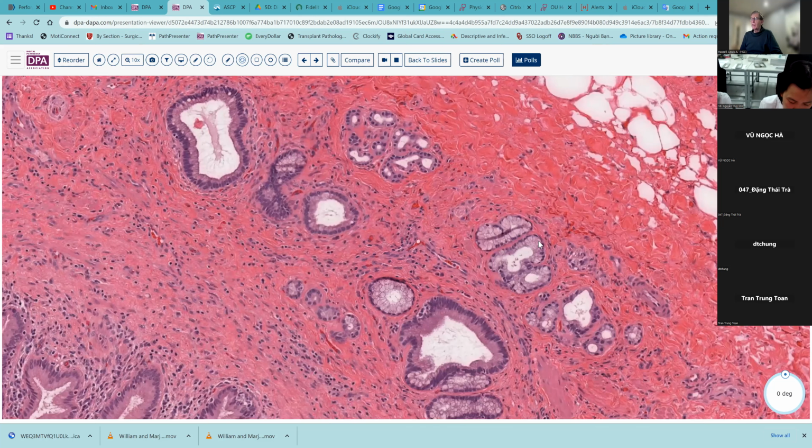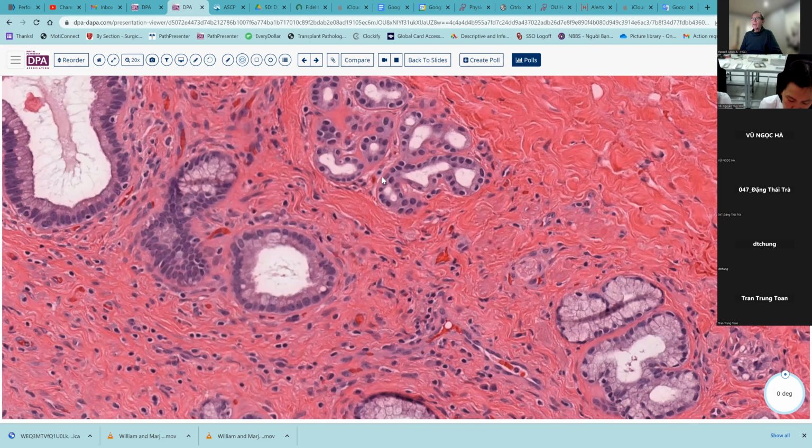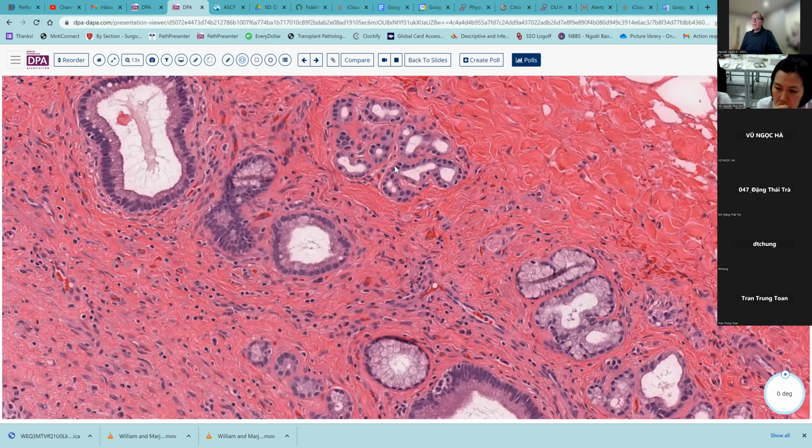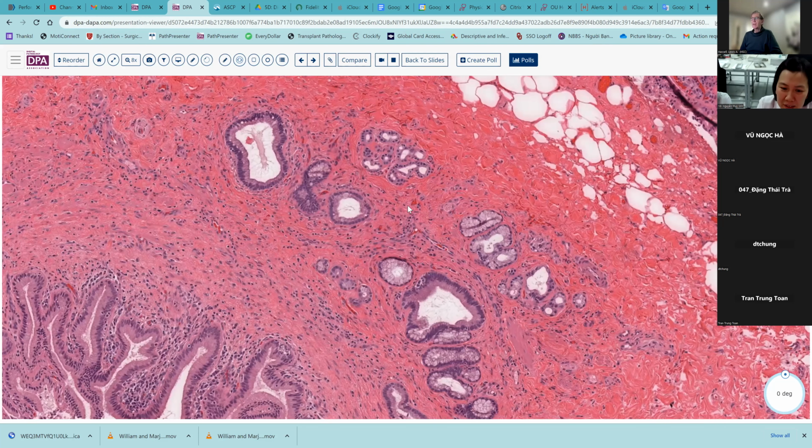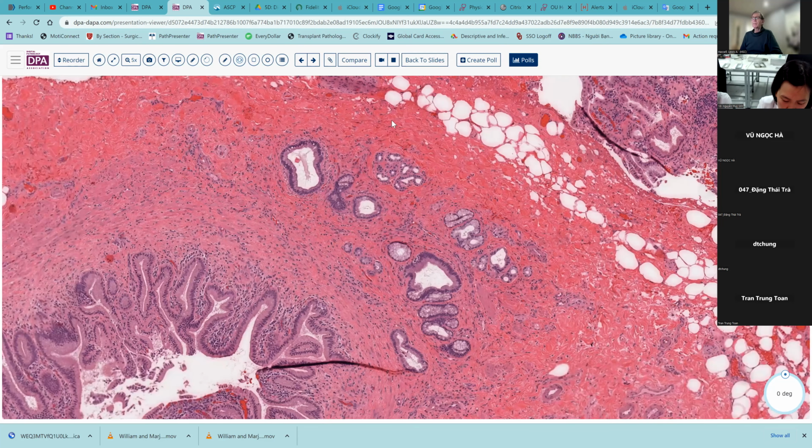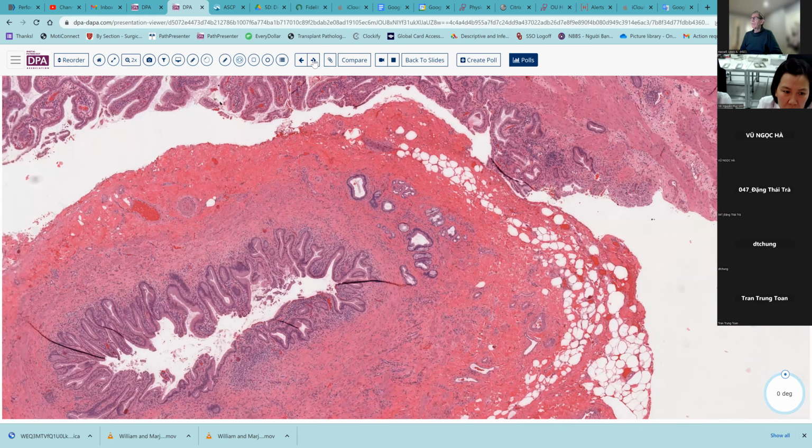So here you see a lot of mucin in these cells, whereas here there's hardly any, they're very small, and so forth. So in some settings, these cystic duct, common hepatic duct or common bile duct glands can look a lot like carcinoma, particularly because many cholangiocarcinomas are very well differentiated.